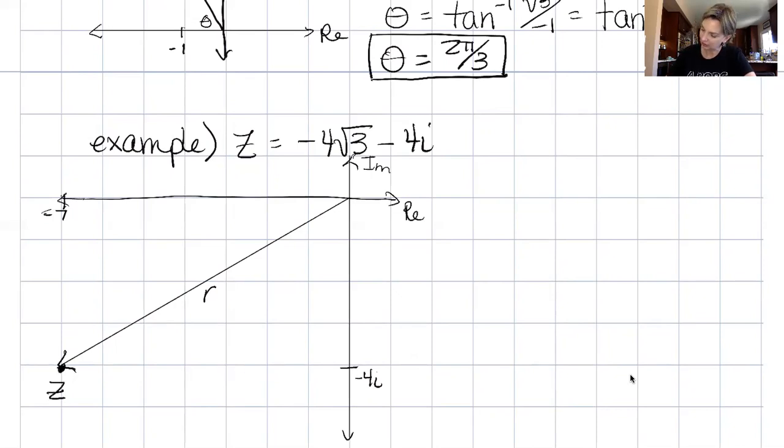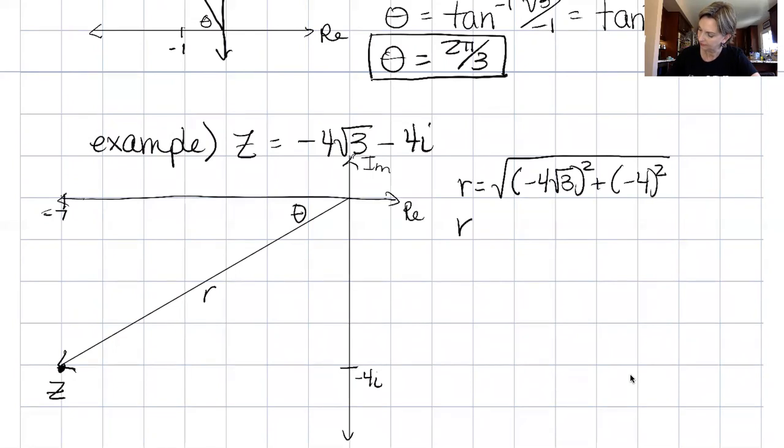We need to solve for r and our angle. All right, modulus and our argument. Okay, let's start with our modulus. Okay, so the square root of -4 square root of 3 squared plus -4 squared. Okay, so -4 times the square root of 3, right? That is -4 squared, which is 16, times 3.